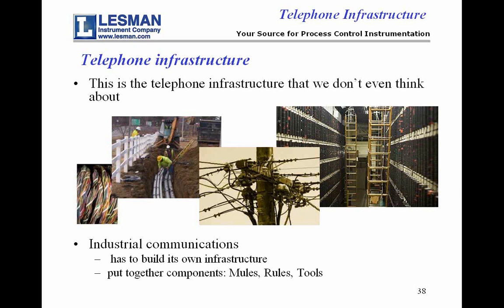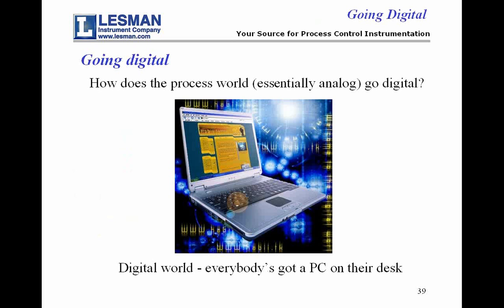In the industrial communications world, we have to make sure that that infrastructure is there, and that's part of what we're utilizing. We have to make sure that something's there because we're not always doing it over the commercial system that somebody else provides for us. And the components that we're going to use are these mules, tools, and rules.